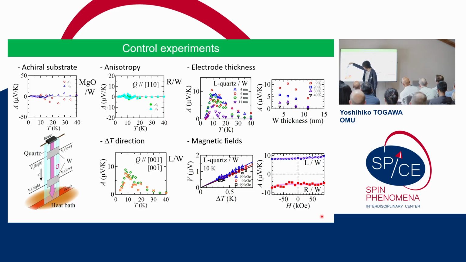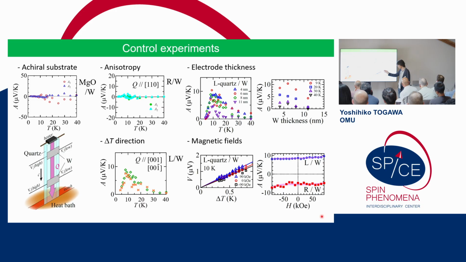Only when the magnetic field is applied along the heat flow direction, maybe we can have some meaningful data. So here we can slightly see some magnetic field dependence of the signal.